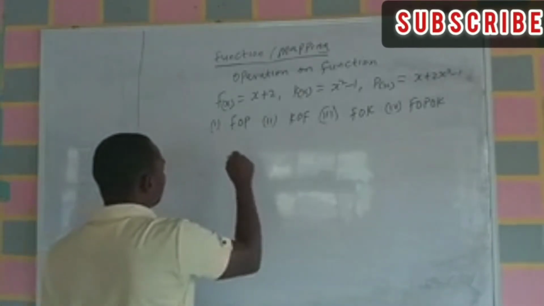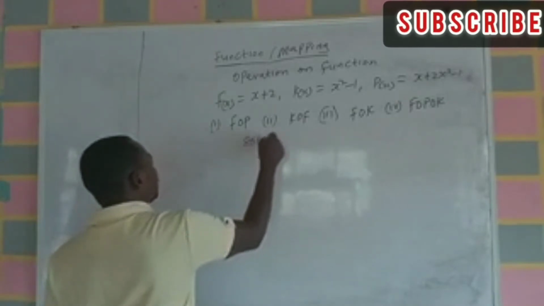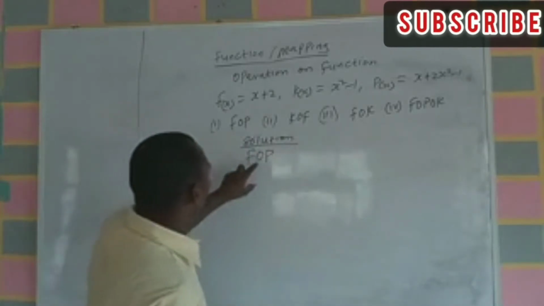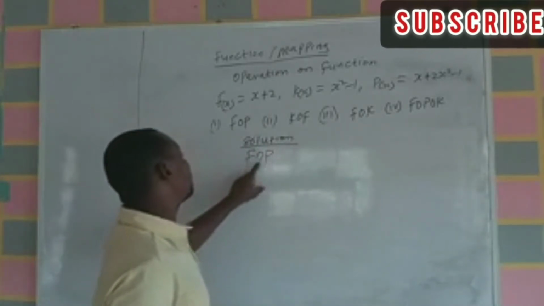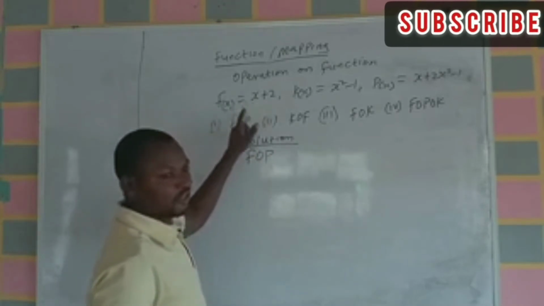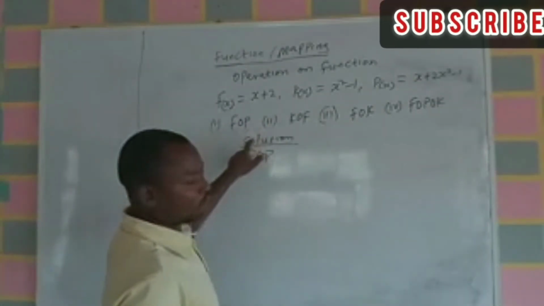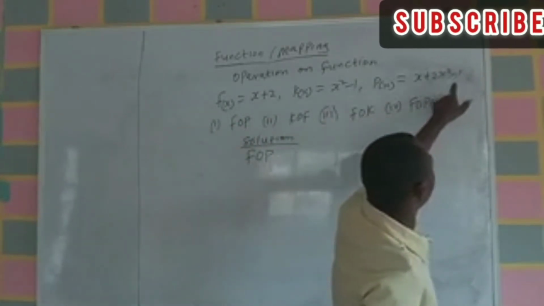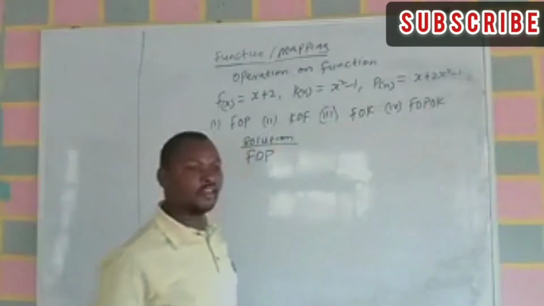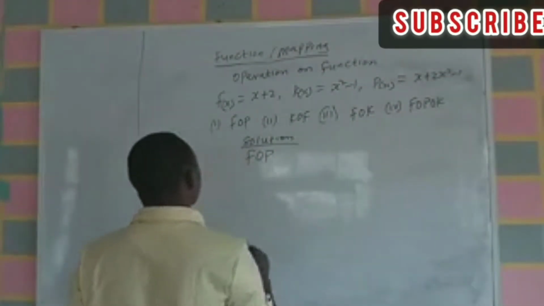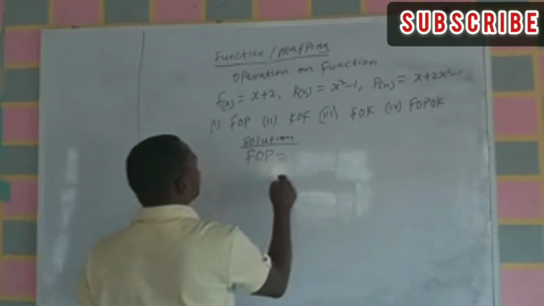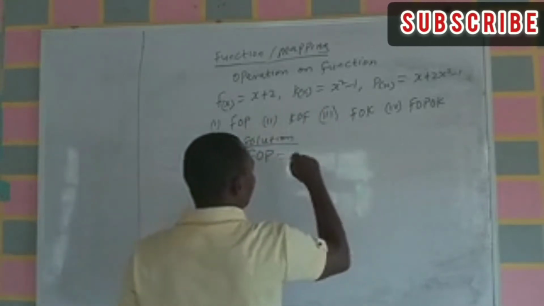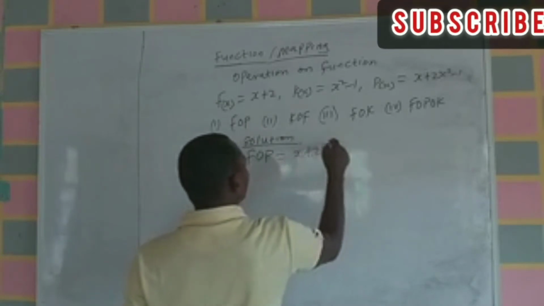Let's handle the first question, f o p. We pick the function p and substitute it for the variable. Variables are alphabets. The numbers you see here are constants, so variables are the alphabets in any function. So f o p equals, picking p and substituting for the s in f, s plus 2s squared minus 1.